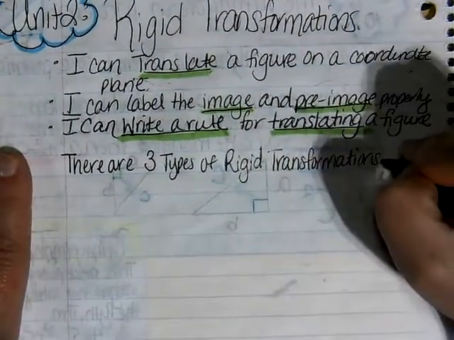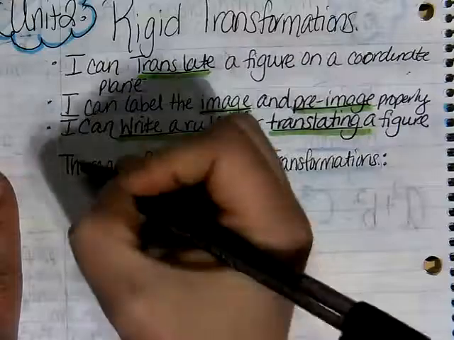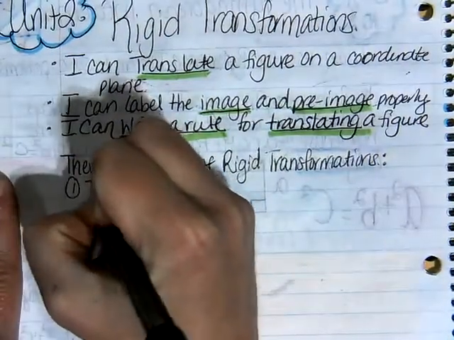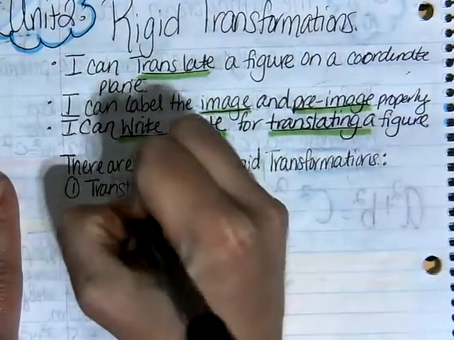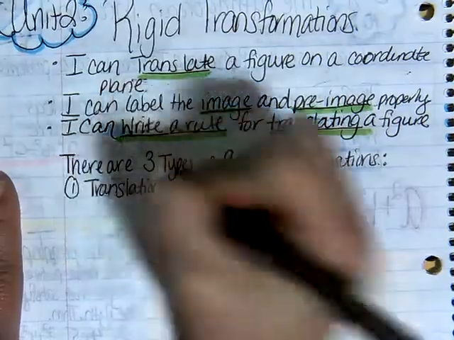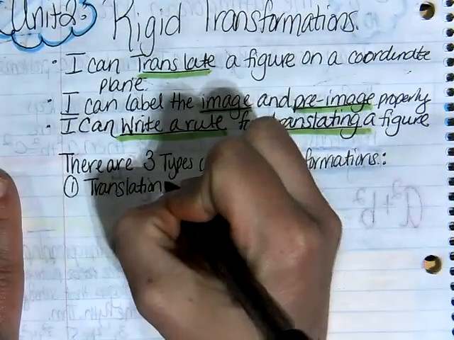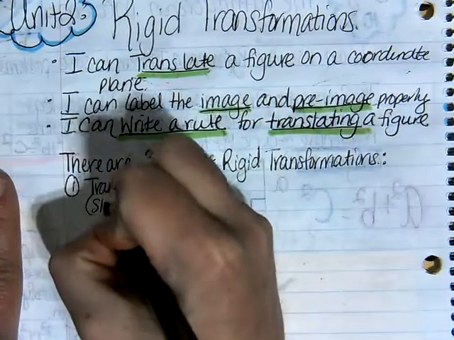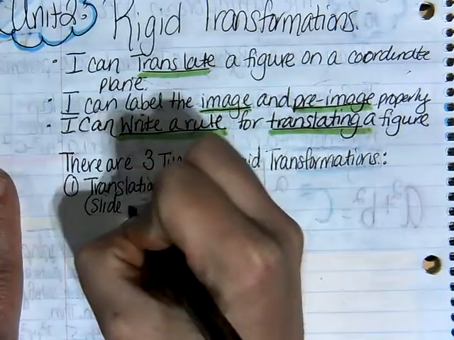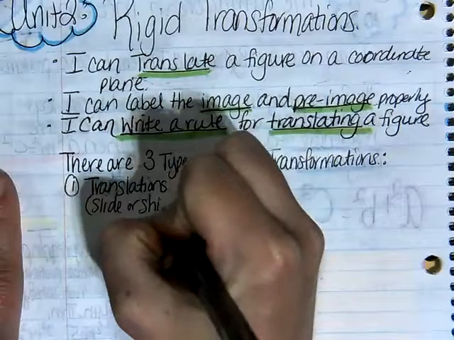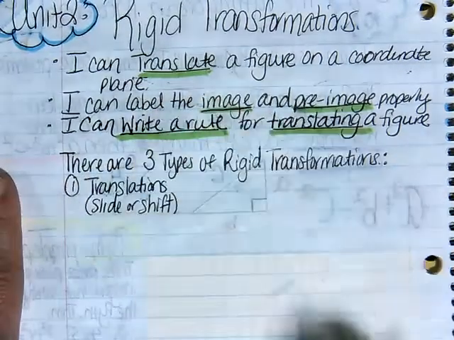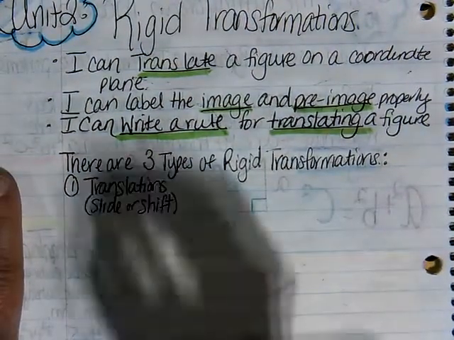Those 3 types are, first, translations, which is what today's topic is all about. Translation is another way of saying slide, or shift, to move something to the left, right, up, or down.